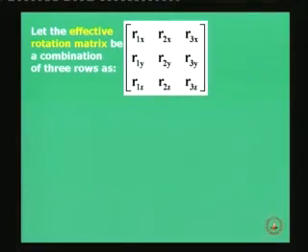Okay. So, let the effective rotation matrix be a combination of 3 rows as given by this, where the first row corresponds to R1x, R2x, R3x respectively, the second similarly with y, and the third row similarly, and this is the effective rotation matrix which will cause that transformation to take place.